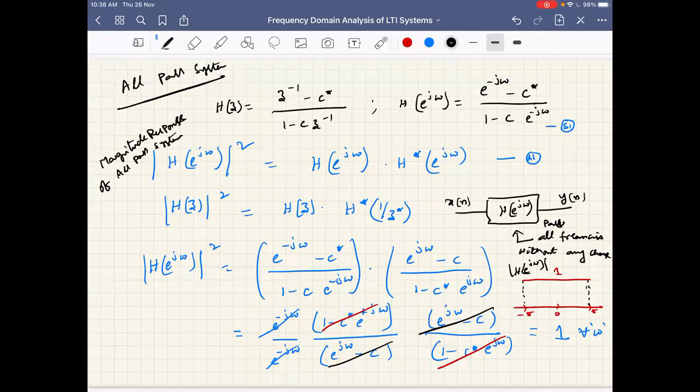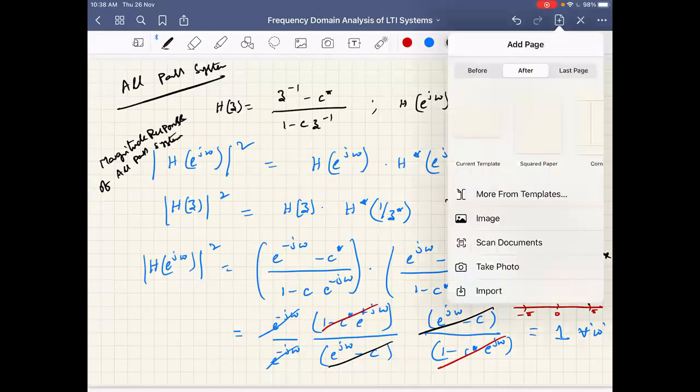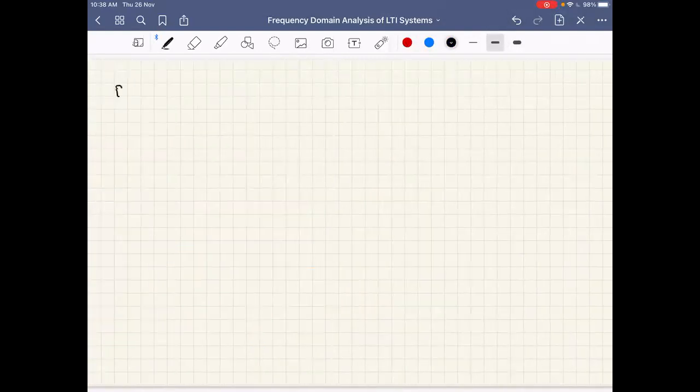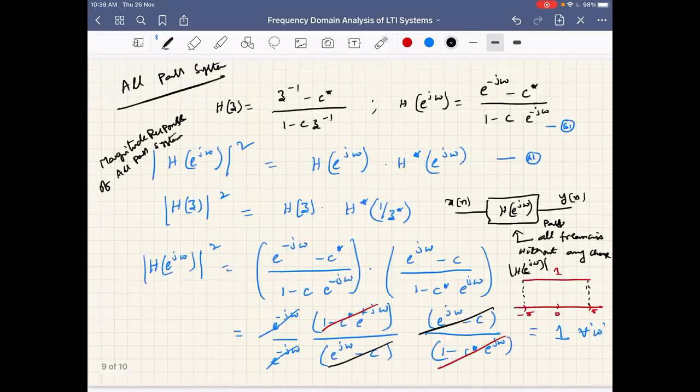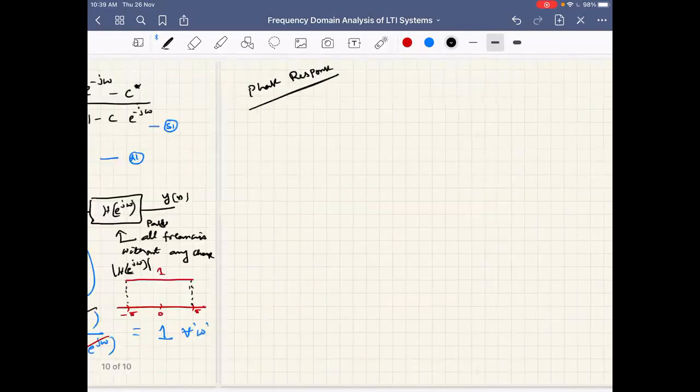After a couple of discussions, we will define some things as well. We will discuss the phase response of the all pass systems.